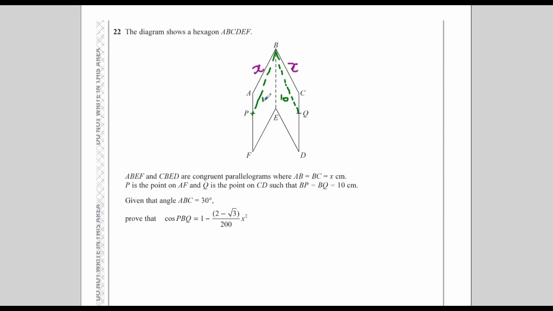So that's 10, that's 10. Given that the angle ABC, which is here, is 30 degrees, prove that cos of the angle PBQ, so PBQ is the smaller angle here in the middle, equals this expression.